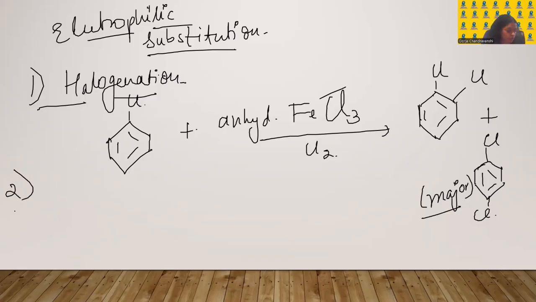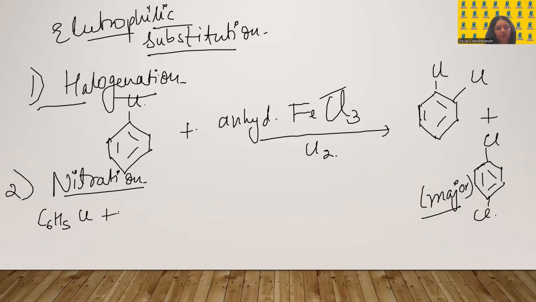Second is the formation of or like introduction of nitro. This is done via nitration. So again, suppose I take C6H5Cl along with HNO3 and H2SO4.